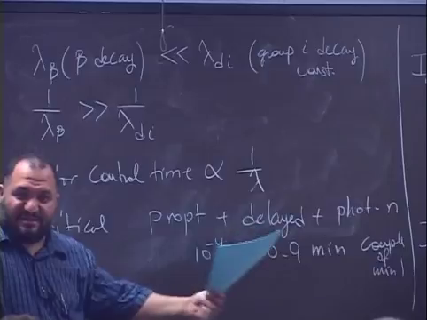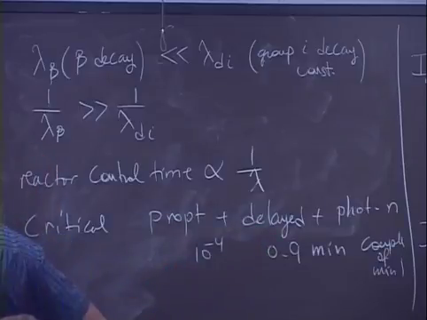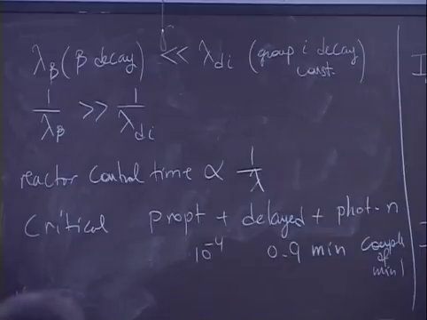So after we give this introduction, now will come the beauty of finding things out like Feynman said. So we will derive the neutron kinetic equation. And the derivation of the neutron kinetic equation is very nice.